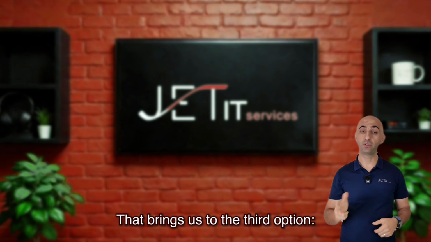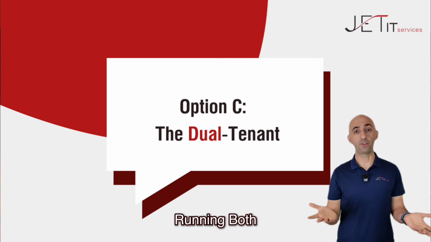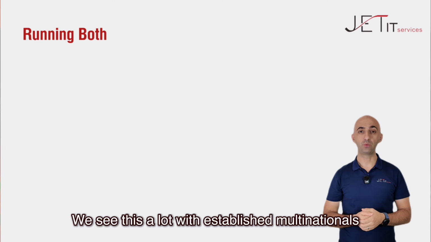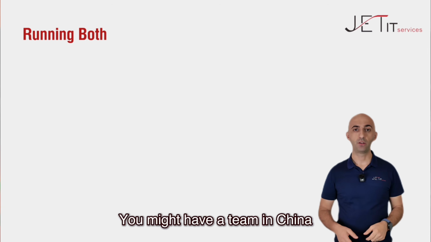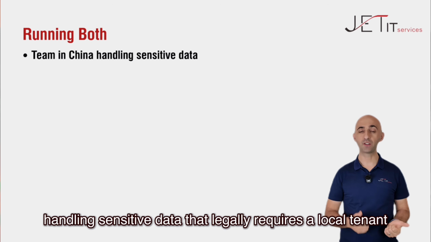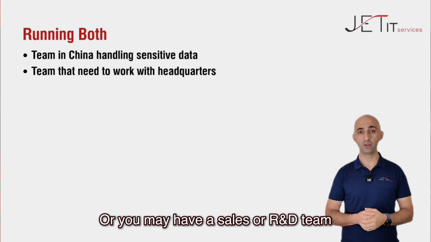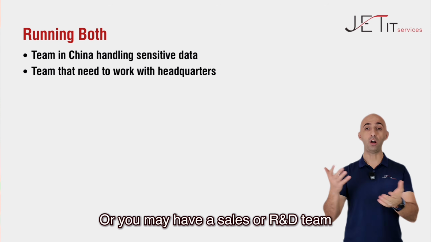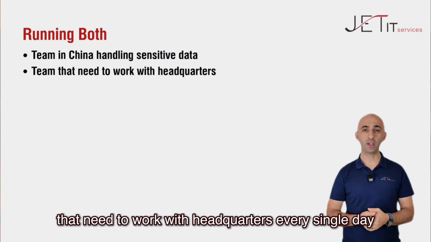That brings us to the third option, running both. We see this a lot with established multinationals. You might have a team in China handling sensitive data that legally requires a local tenant, or you may have a sales or R&D team that needs to work with headquarters every single day.